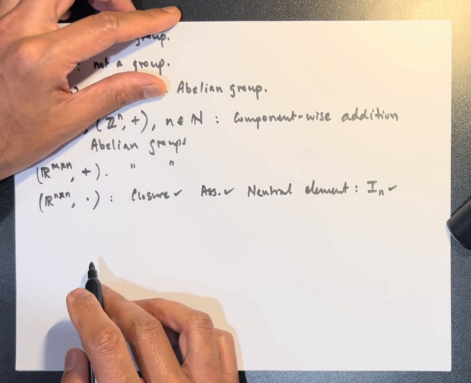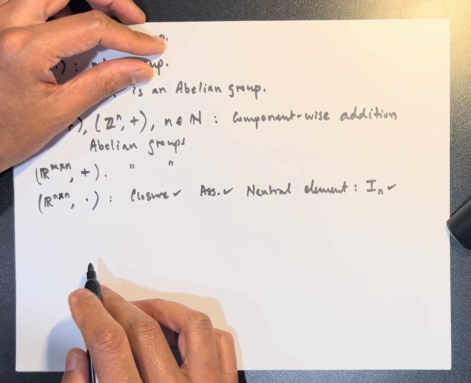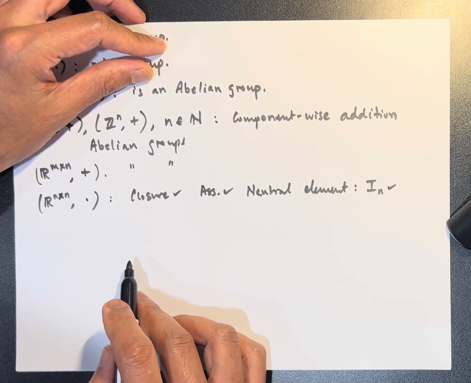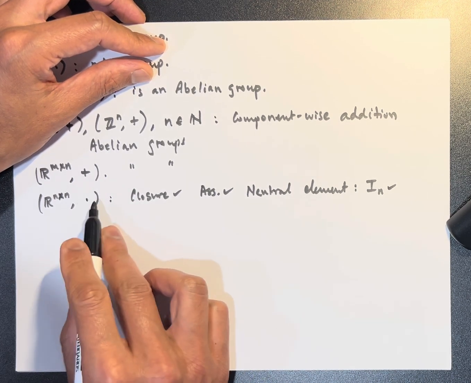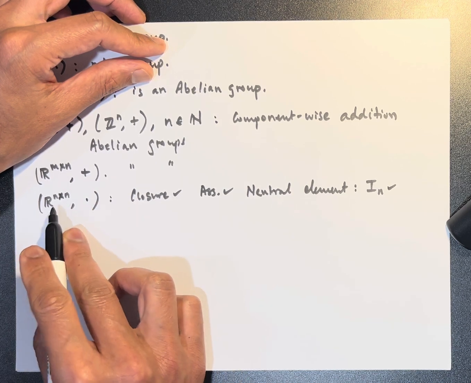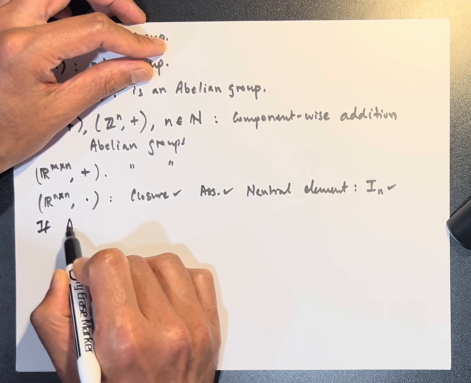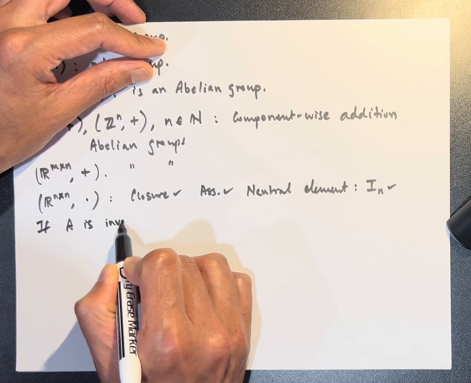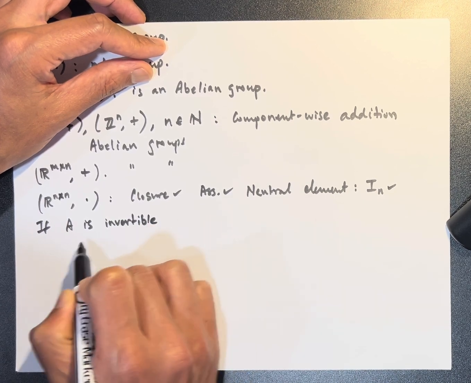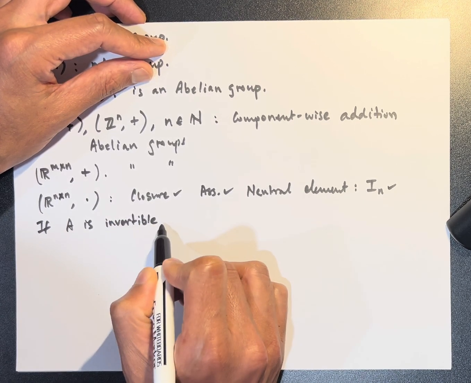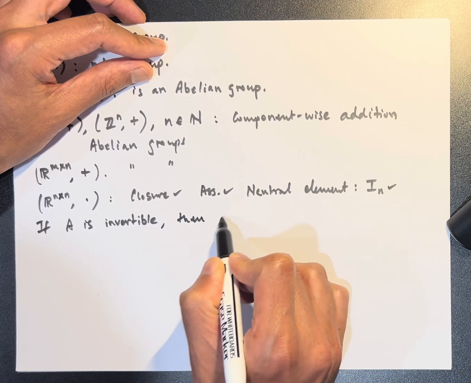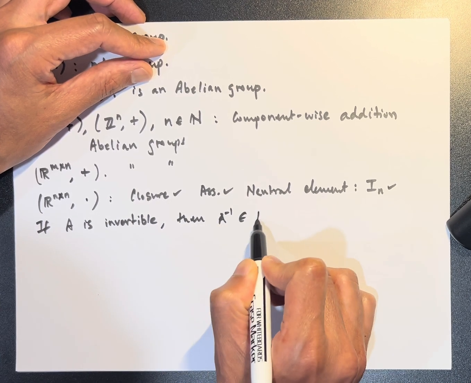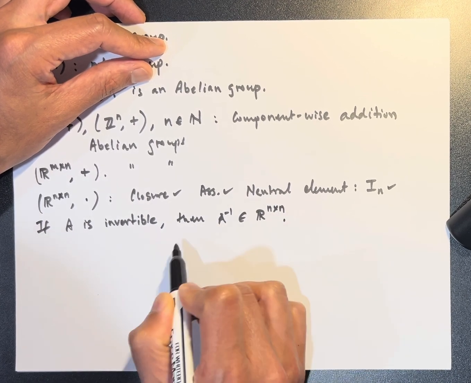If A is invertible, which is also called regular, then A inverse exists, and this also belongs to R^(n by n). So that's not a problem.